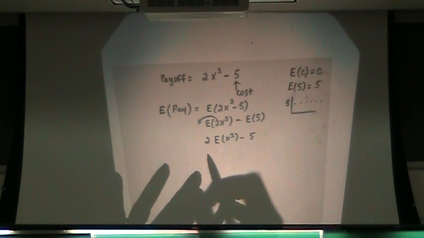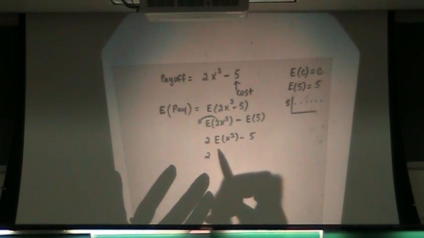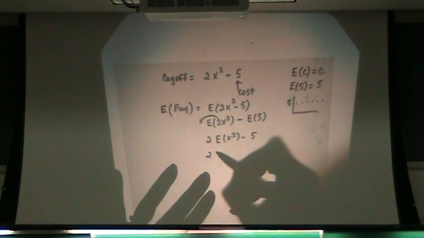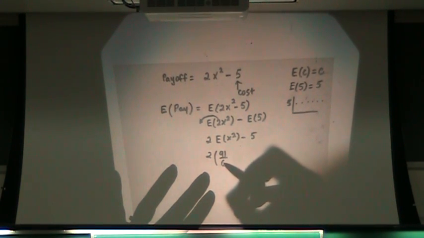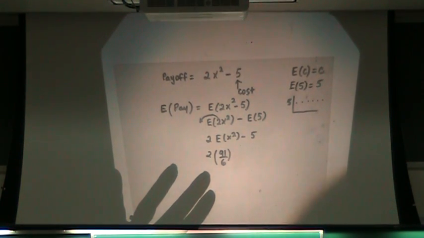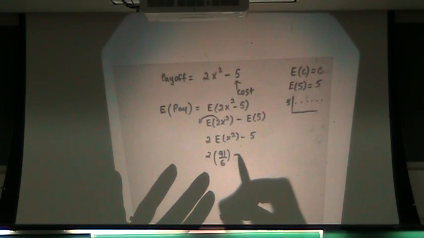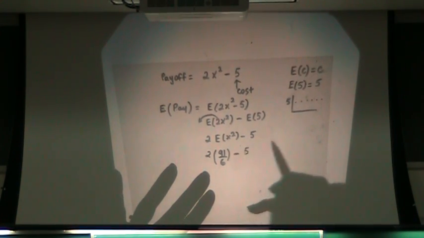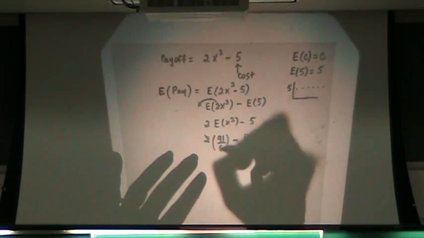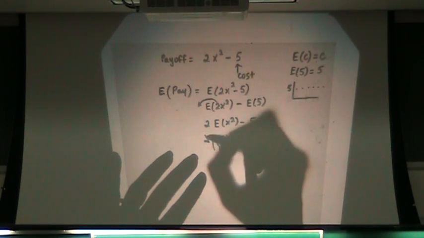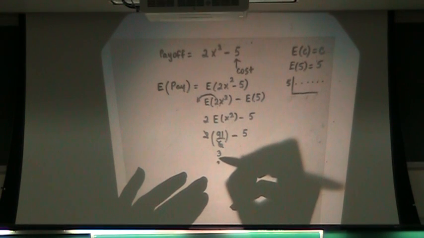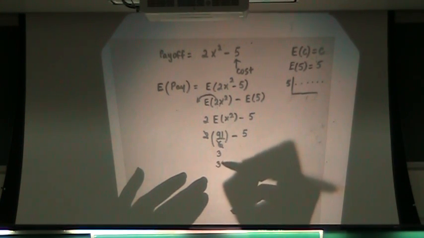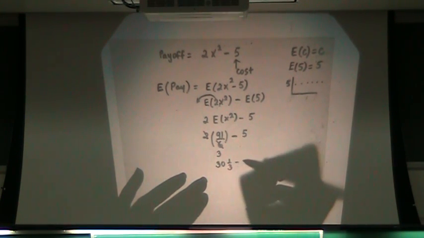So all I have to do in this example is 2 times E of x squared, which had turned out to be 91 over 6, right? For the fair die, minus 5. So 2 goes into 6 3 times. So this is 3 goes into 9, 3 and 0 and 1/3 minus 5.